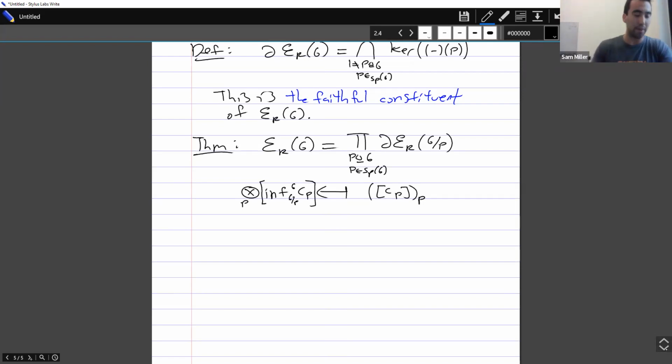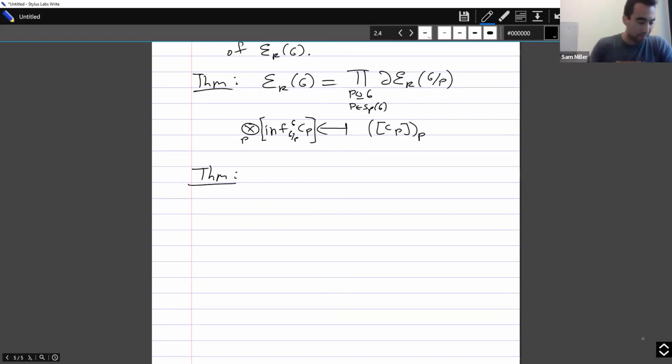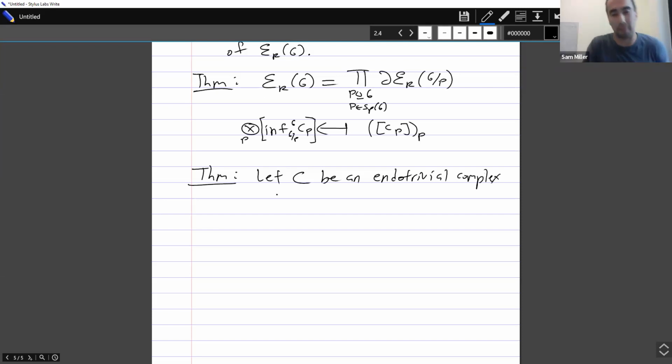And we know this from the following theorem as well, which is a bit technical, and then the proof is also very technical. So let's see, an endotrivial complex. This is a restatement of a more general theorem that I proved, but specifically for endotrivial complexes.